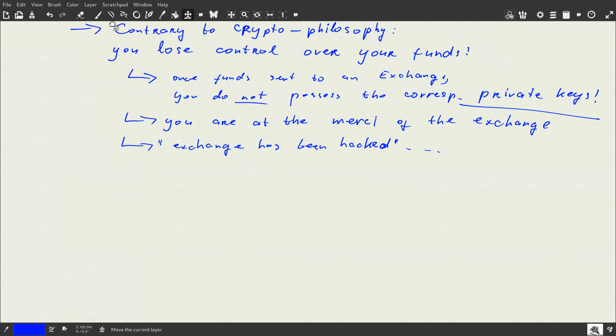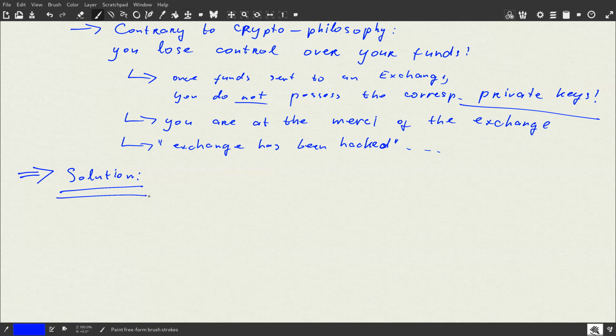But in general, that's what you don't want. What you would rather do is implement an exchange which would not suffer from those limitations and which would be safe all the time as long as you keep the corresponding private keys. And this is indeed what you want to do.